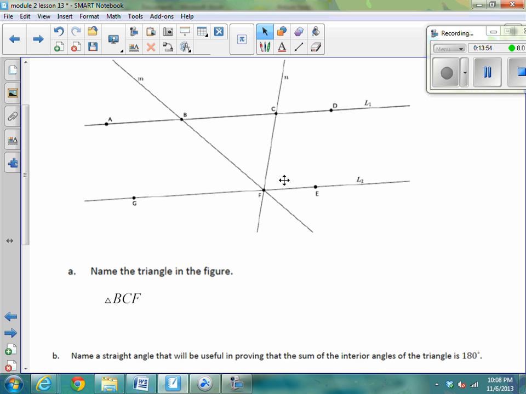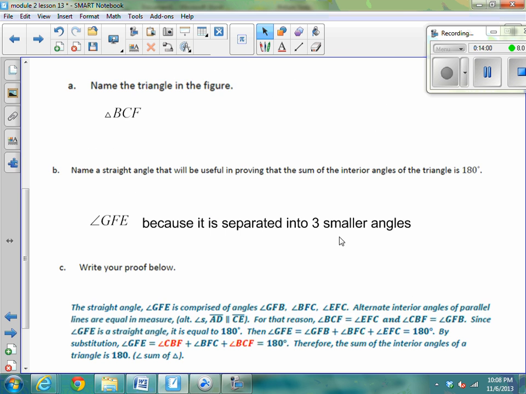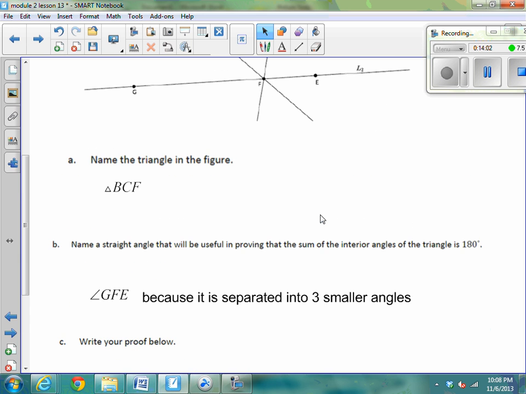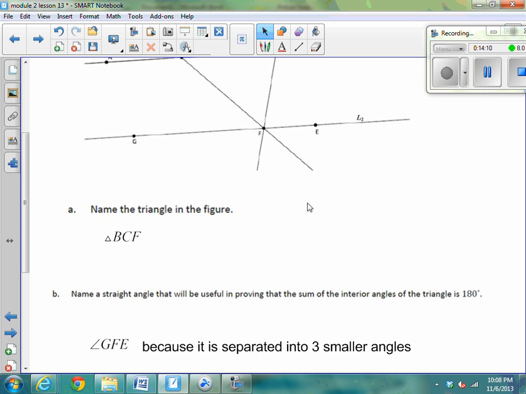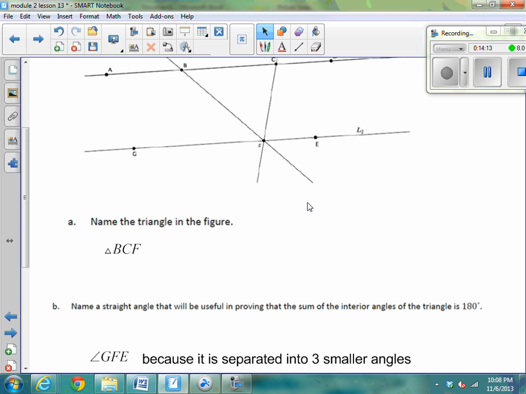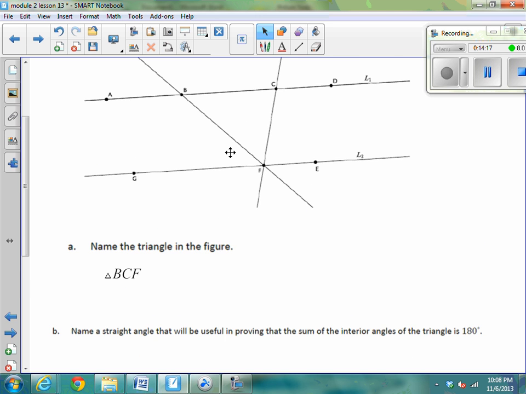Three angles, which we're then going to use to help us prove part C, which says to write your proof below. So we're going to prove that the three angles in this triangle sum to 180 degrees using this straight angle here. So this is how, why don't you turn off the video and you try it now. Go back to the first problem we just did and look at these two parallel lines.